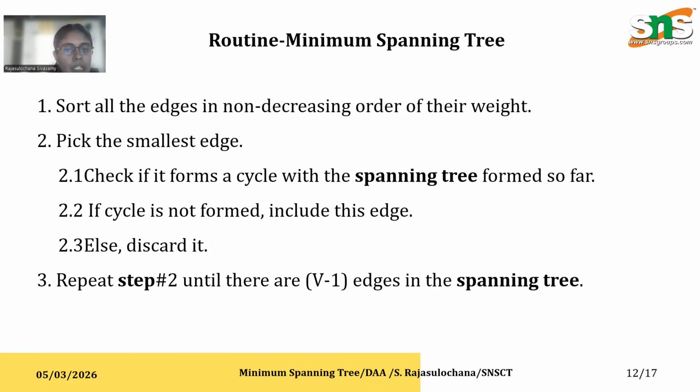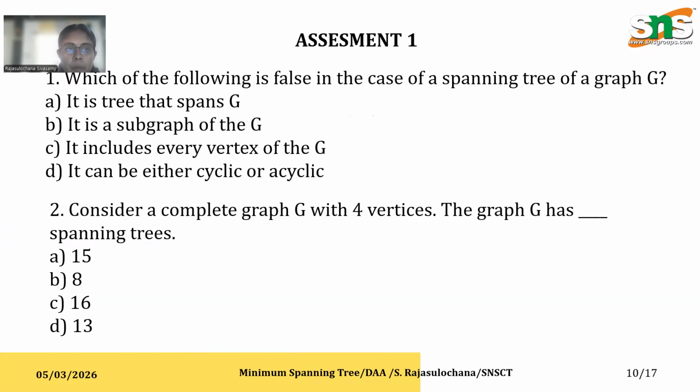This step is repeated until there are V minus 1 edges in the spanning tree, or until all the vertices are connected. In the next video, I'll explain how Prim's algorithm is used for constructing a minimum spanning tree. Prim's algorithm works in an entirely different way compared to Kruskal's algorithm.